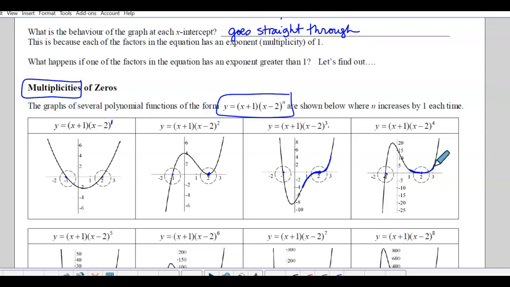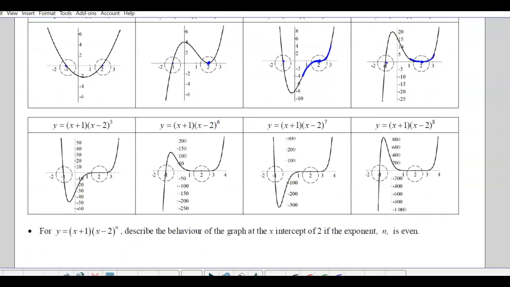Then degree 4 goes through at -1, and then again, just touches at 2. It's kind of flatter there, right? It's wider. Still kind of looks a little bit like a parabola, right? But it just touches. Sometimes we call that point, or the x-axis, a tangent to your graph. Okay, so that's for degree 4. And we'll keep going. Degree 5, again, has a point of inflection, wider, levels off earlier.